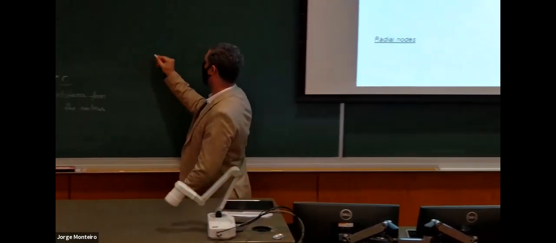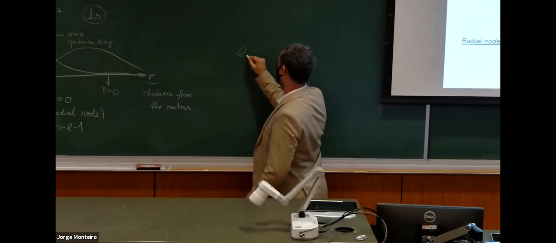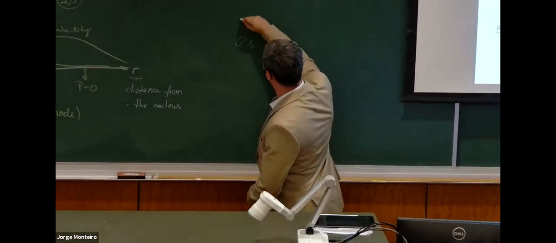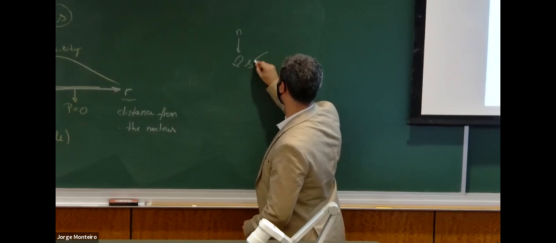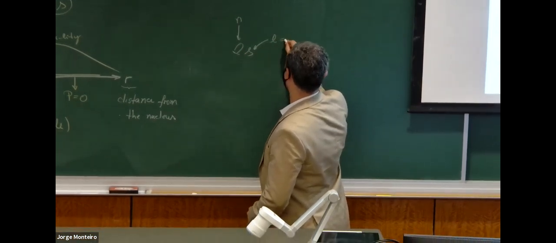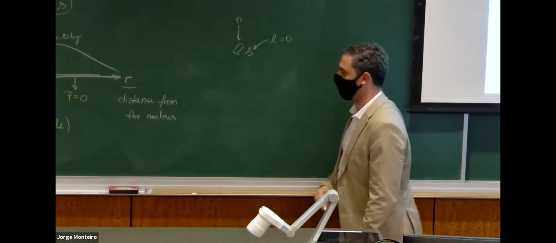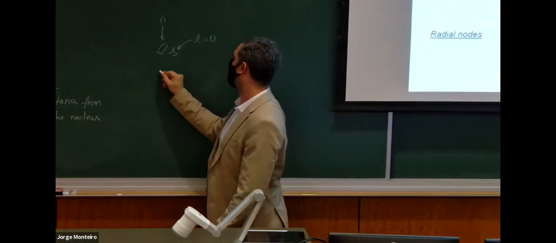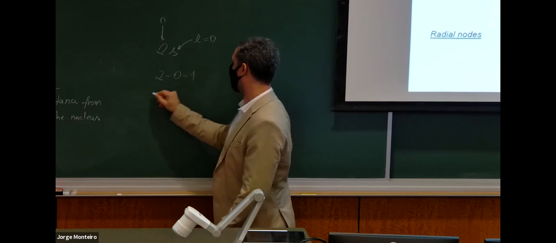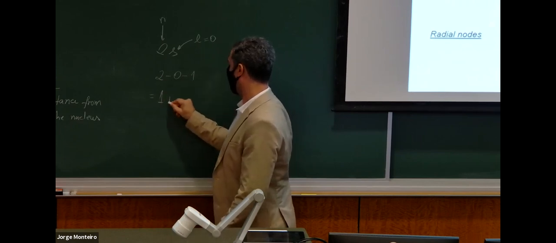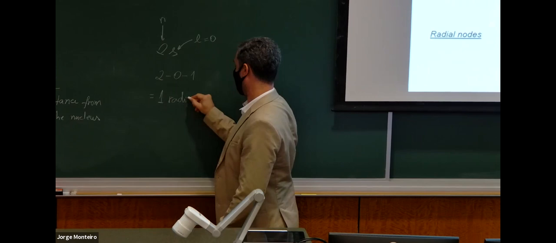So when we have the 2s orbital, n is equal to 2, l is 0 because we are talking about the s orbital. So we have 2 minus 0 minus 1. That yields 1 radial node.